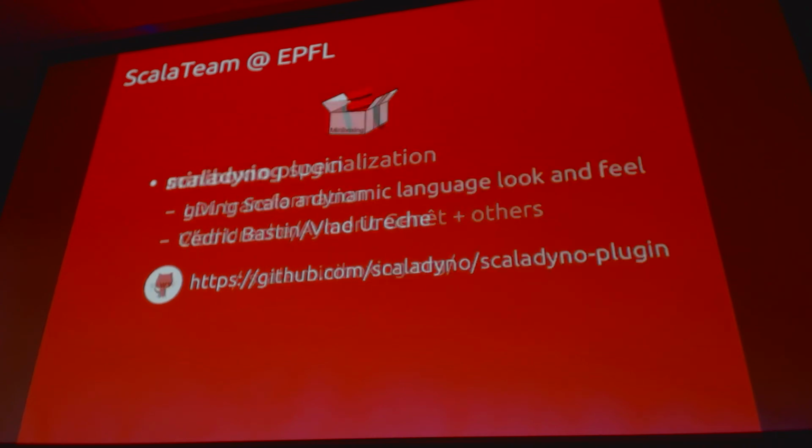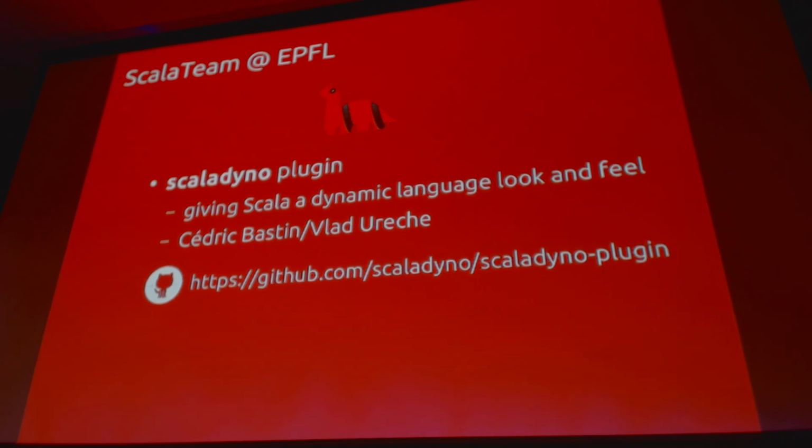Okay, Miniboxing, you know that. Scala Dino. Scala Dino is a project of a student. He worked on basically giving Scala more dynamic language look and feel. And actually it's pretty cool because it gets Scala to compile programs that it would otherwise reject. So for example, you pass a string for an integer.